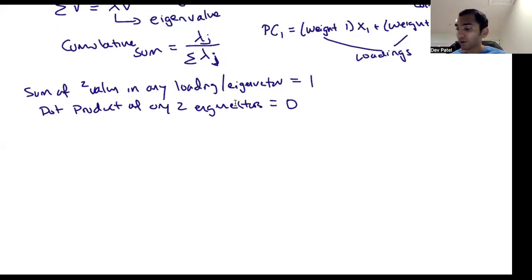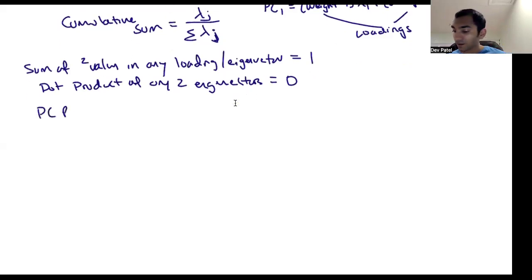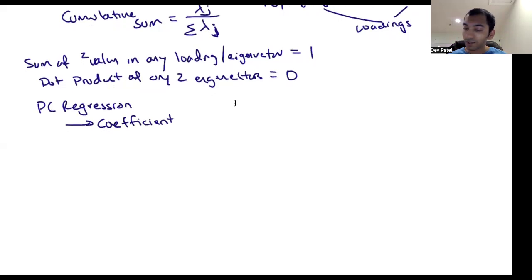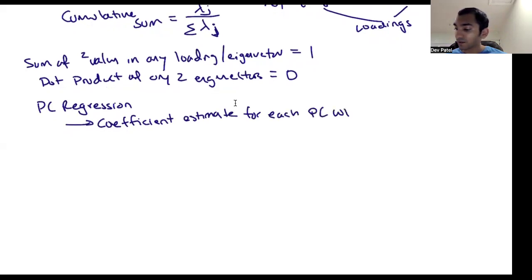When we do principal component regression, because each principal component is independent of one another, the coefficient estimate for each principal component will not change when we add additional principal components.